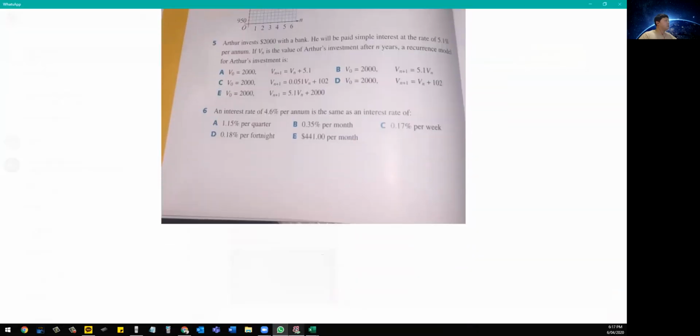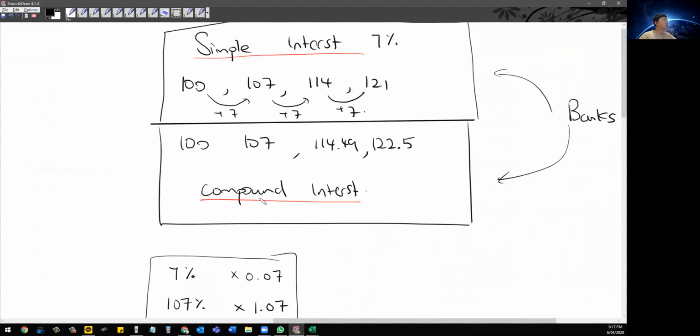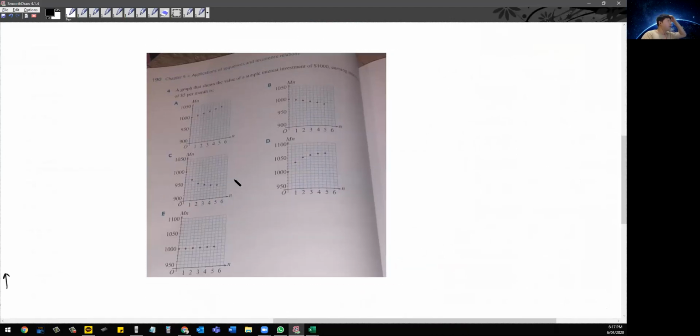Okay, let's try question 4 there. Question 4 says, a graph that shows the value of a simple interest. So simple interest, again, is it geometric or arithmetic?